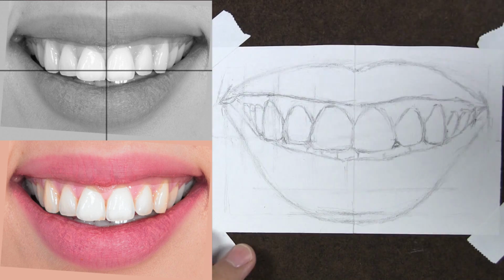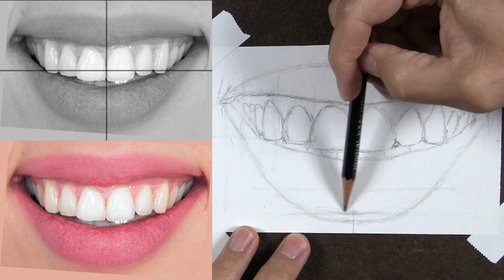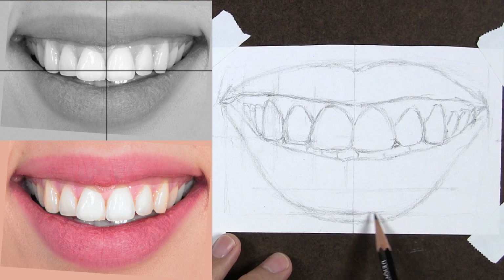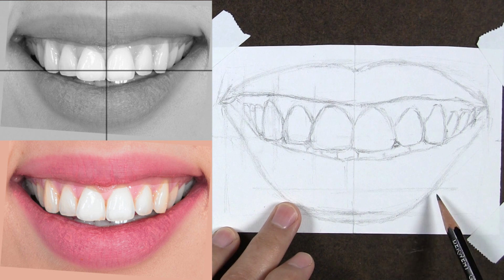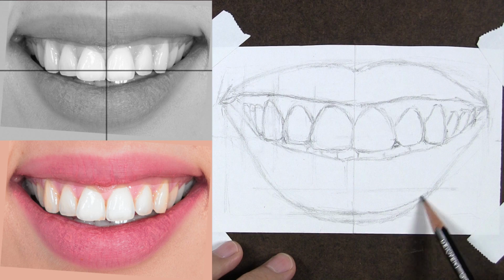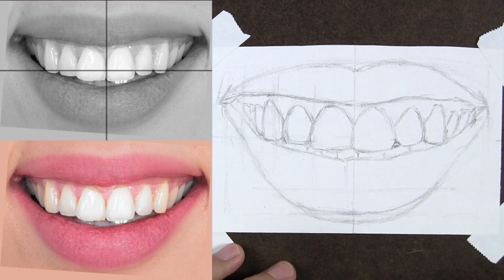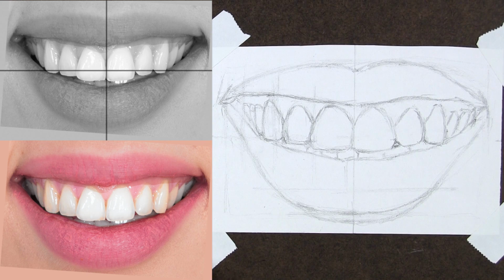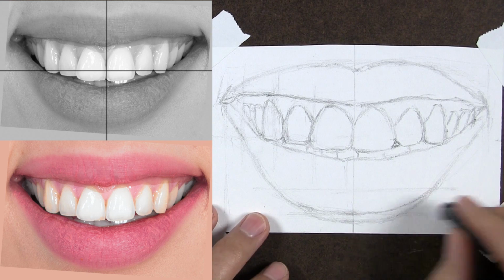And then we'll just bring the lines to the edges on either side. And then we'll erase the excess.